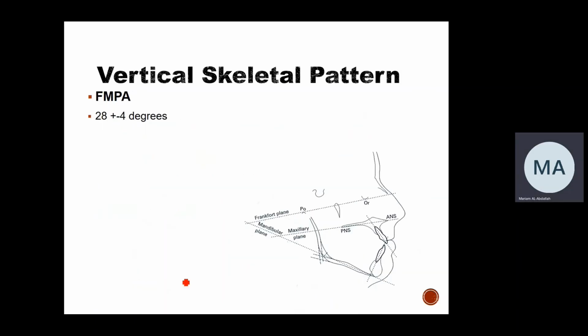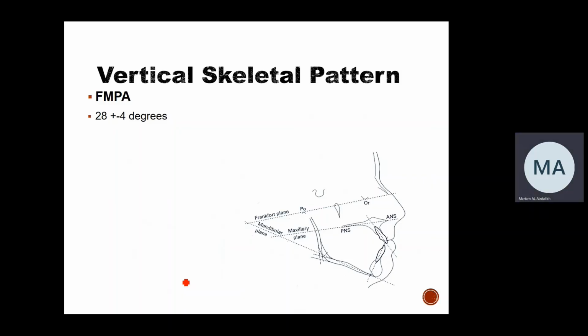The Frankfurt mandibular plane angle could be measured or assessed, let's say not accurately measured clinically, but clinically we can assess it because for the Frankfurt plane, we have clinical references. For the mandibular plane, we have clinical references.